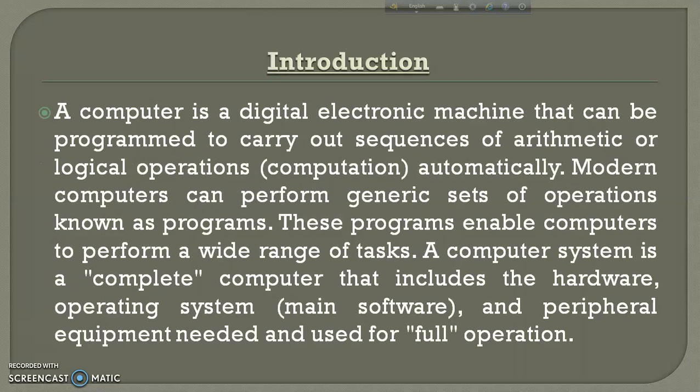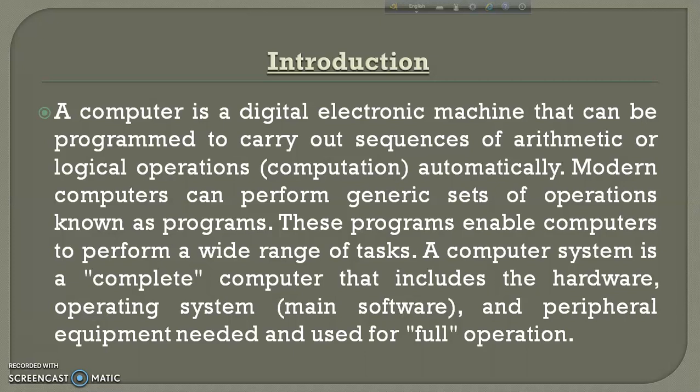Introduction. A computer is a digital electronic machine that can be programmed to carry out a sequence of arithmetic or logic operations automatically. Modern computers can perform a generic set of operations known as a program.